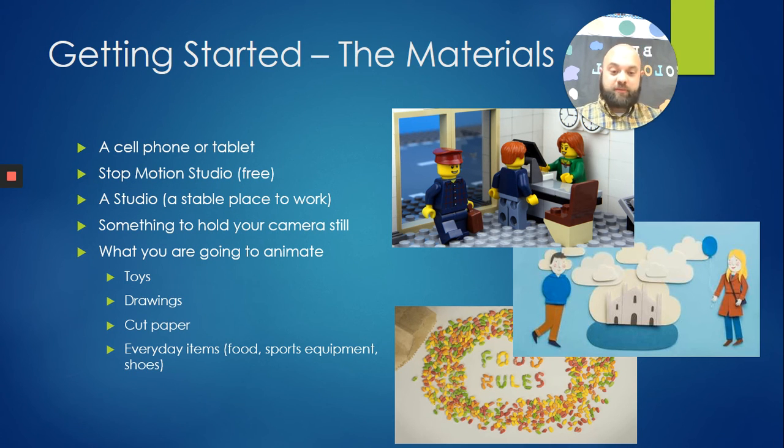Like this one example down here at the bottom, they're just little beans, little seeds that were arranged and then animated. It could be sports equipment. You could animate a pair of shoes. I mean, it's anything really. But that's up to you. What you want to animate is going to depend on the story you want to tell. So just think about that.